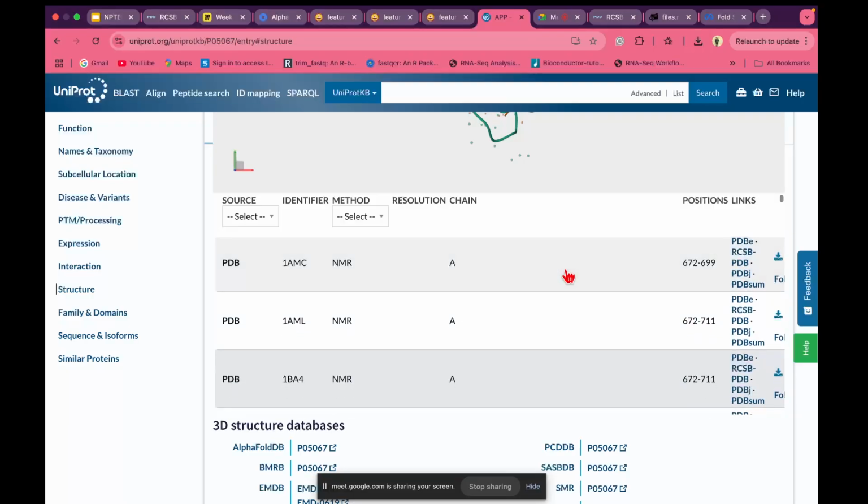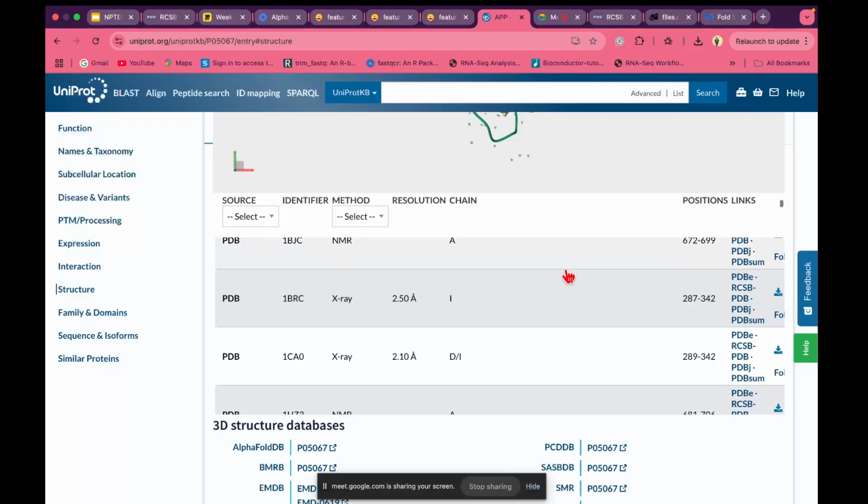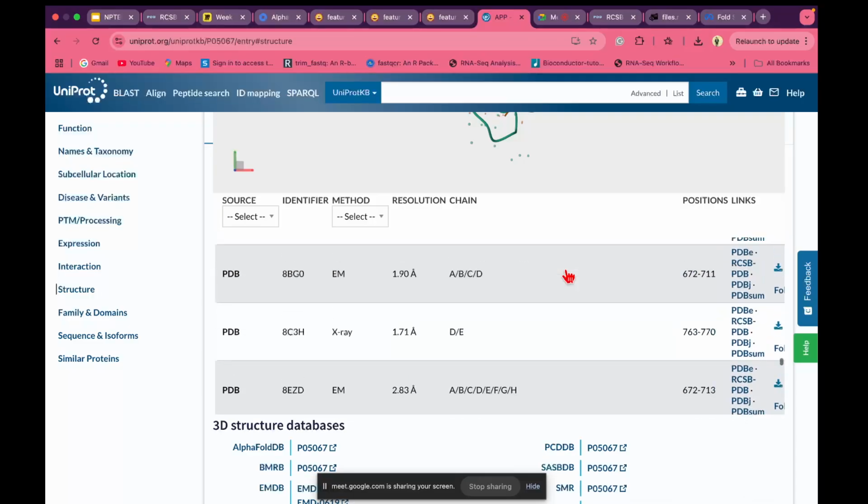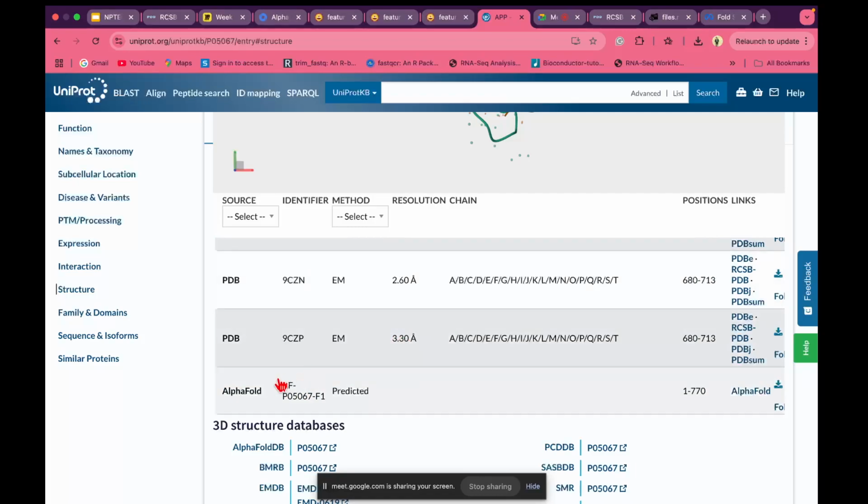Further, if we scroll down, we have some NMR structures. Lastly, if you scroll to the last, we have AlphaFold predicted structure as well. So UniProt has hyperlinks to many of the AlphaFold predicted structures, and this structure can be easily downloaded or accessed from the download link given.